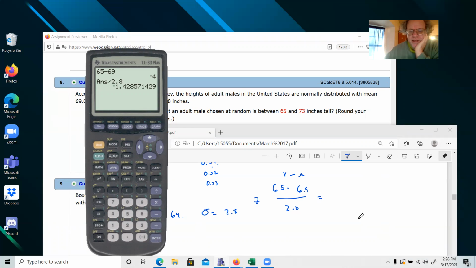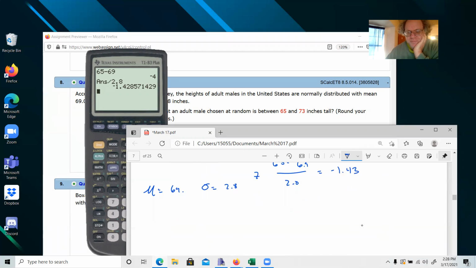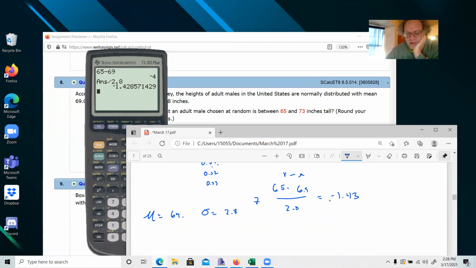Remember these always get truncated to 2 decimal places here. So that would be negative 1.43, and then we go to the other side, 73 minus 69 over 2.8 is equal to a positive 1.43.